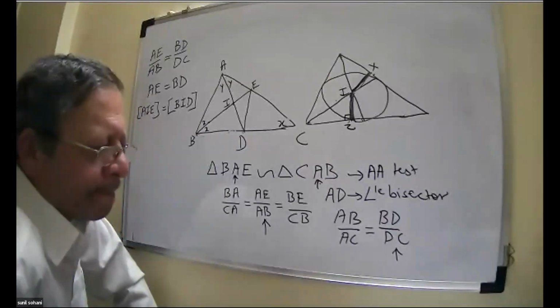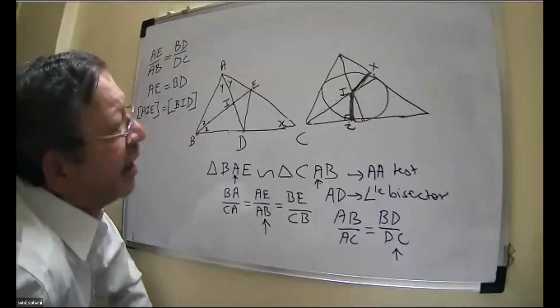Sir, I have a doubt. Yes? Sir, when you drew the incircle in the second figure, it is also seen that ID and IE are also radii. ID cannot be a radius. Come on.